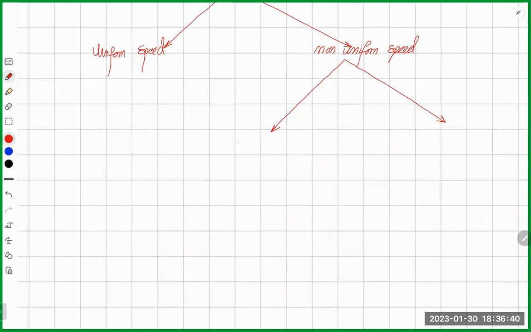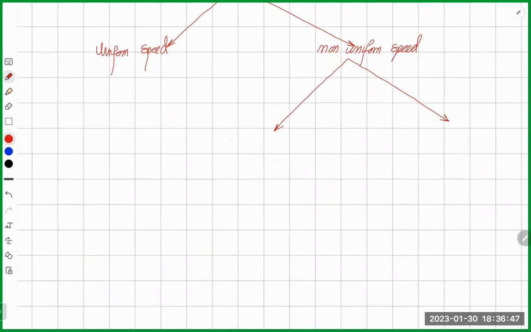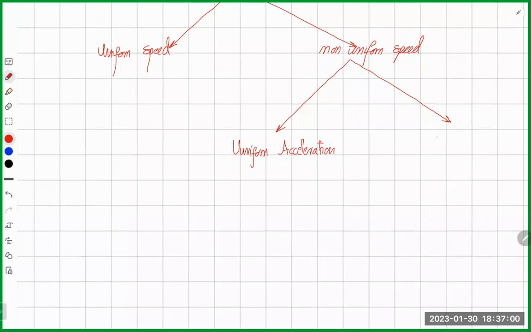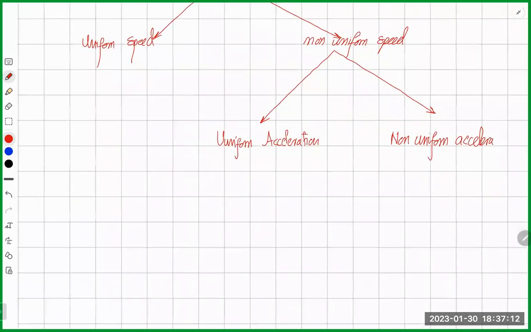What we mean by that is a non-uniform speed can be with a uniform acceleration, and it can be with non-uniform acceleration.